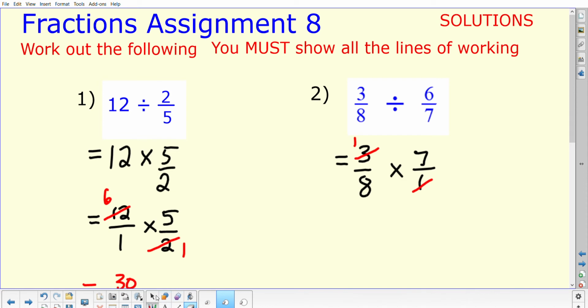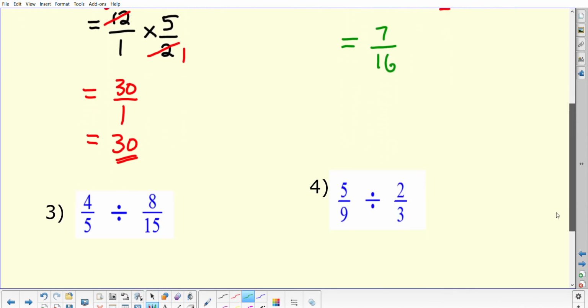Hopefully you don't make that mistake. Dividing by 3 into that makes us have 2 here. No other cancelling to do, so then it's just a case of times your answers together. So on the top you've got 1 times 7, would give you 7. On the bottom 8 times 2 would give you 16, and that would be your answer. There's nothing else we can do with that.